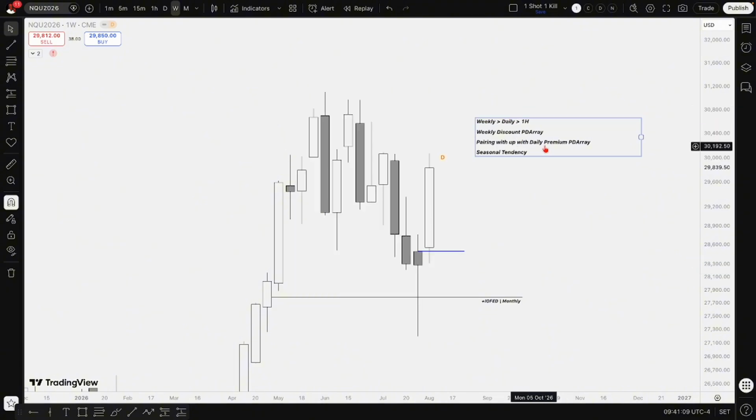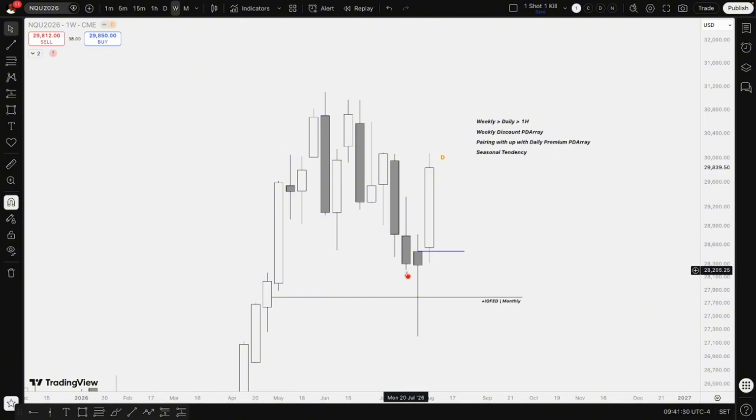I do refer to these once a month or maybe once a week, just checking in, and you'll see that this move run up is actually in line with the seasonal tendency. So we have that the weekly chart is moving from one discount level, and we'll see the daily chart moving to the premium level. And we have a seasonal tendency where it's bullish, right?